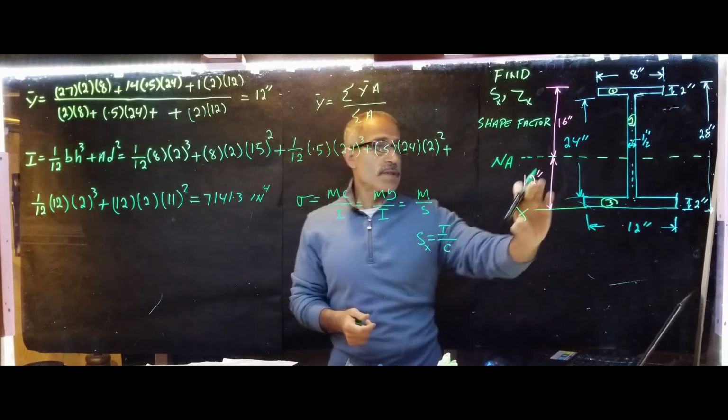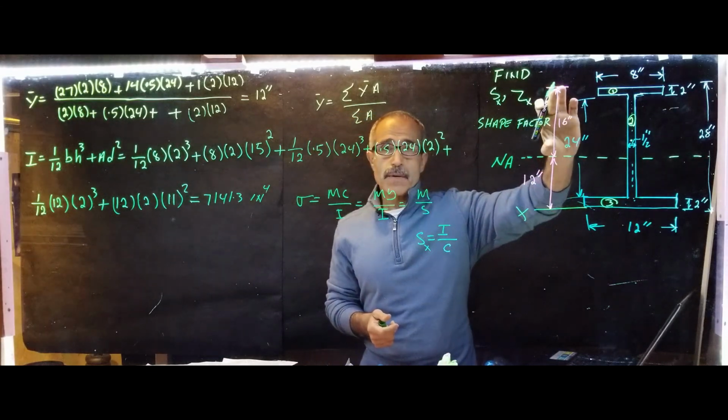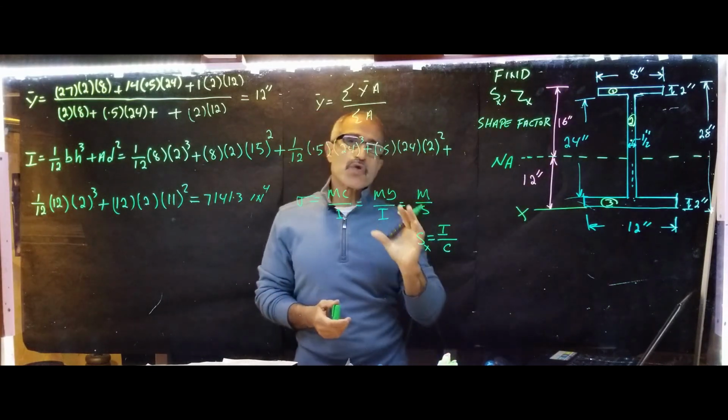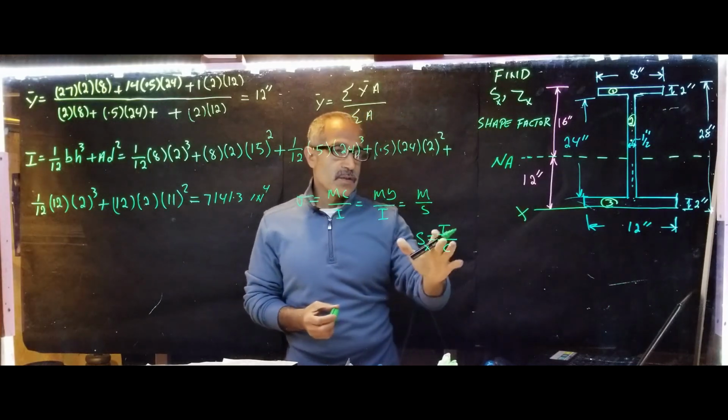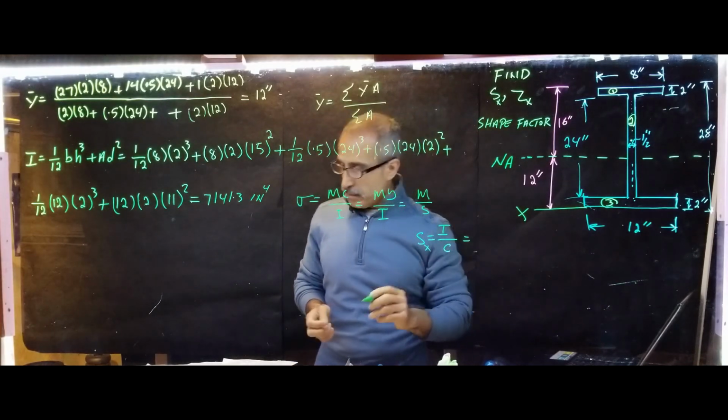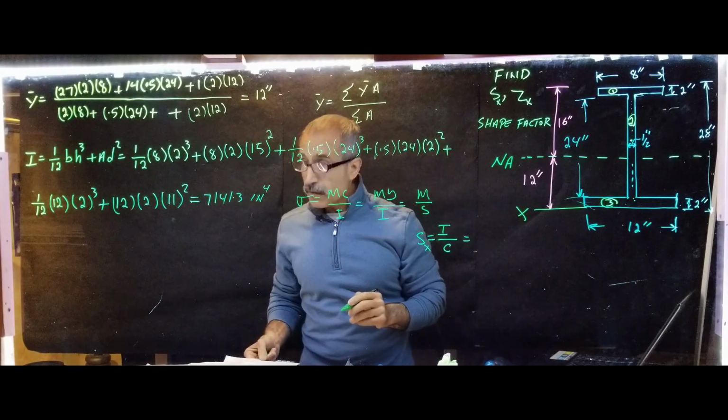Which C are you going to use? Are you going to use this one, or this one? Okay, so we're going to use the smallest one, that's the one to control. So I have my I, all right?